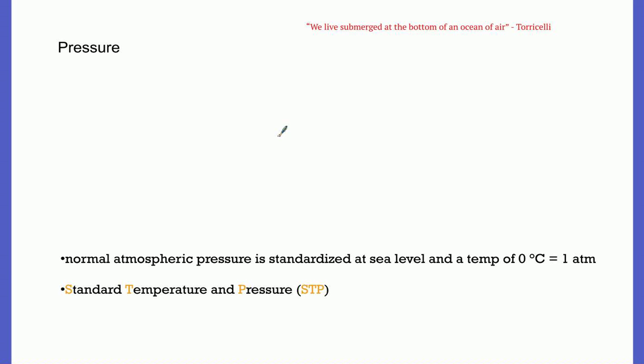As you can see, top right, I have this quote: "We live submerged at the bottom of an ocean of air," by Torricelli, a famous scientist who one of our pressure units is named after. Essentially, you have all this air above you, around you in our atmosphere, and it puts a pressure on you. You don't notice that pressure most of the time because it's typically constant. You only really notice it when it's changing.